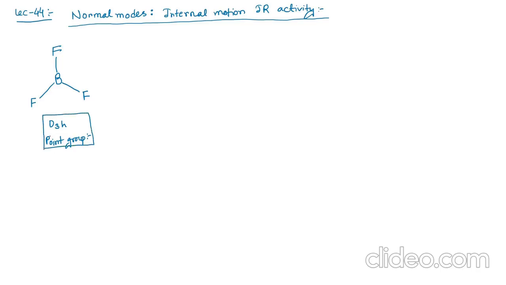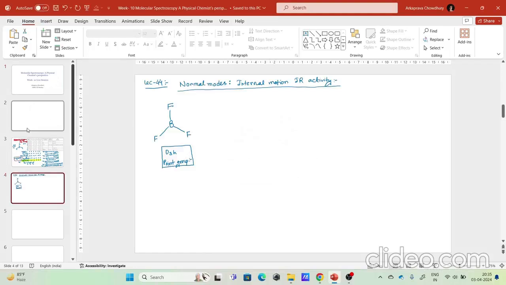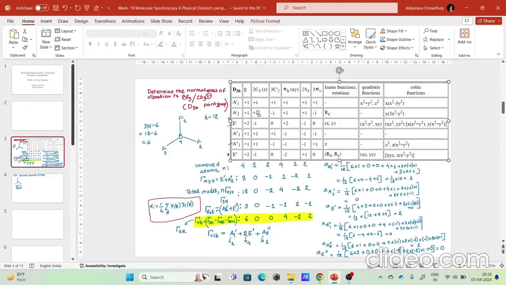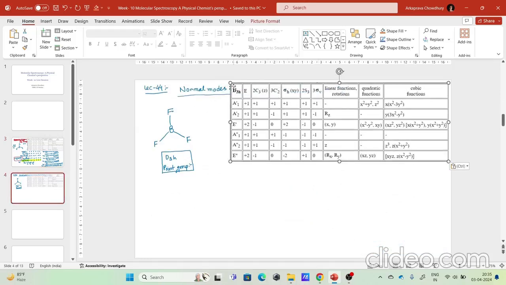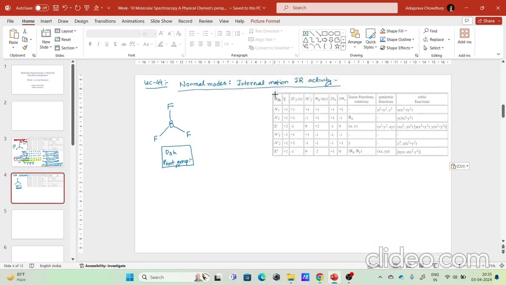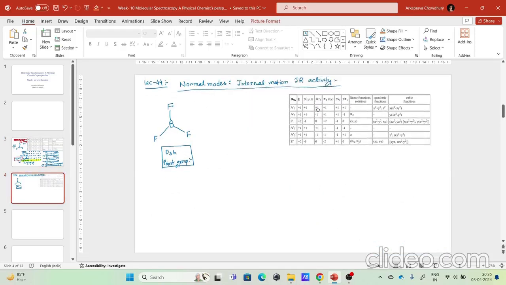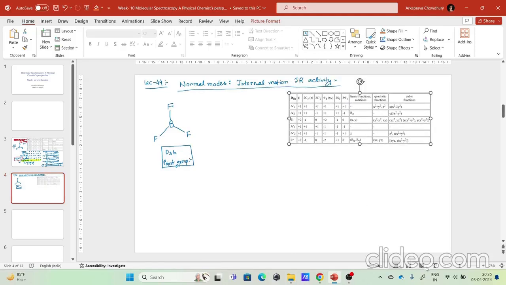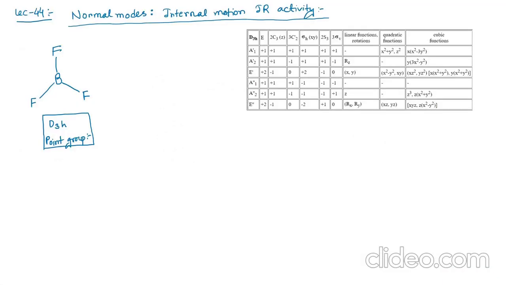I'll just copy paste the character table from the previous slide, and I will make it a little small so that, okay, I hope you can see what is written. In this D3h point group, this is the character table.